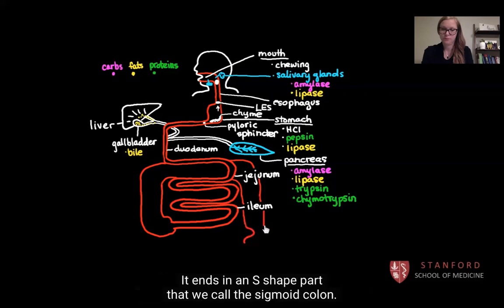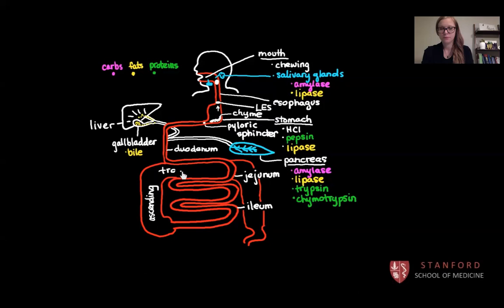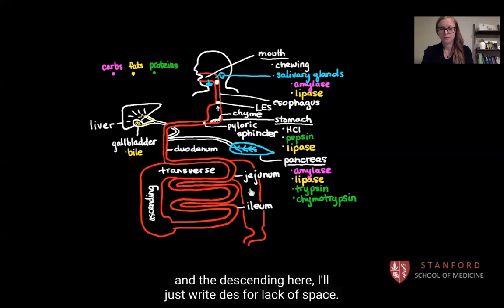And it ends in an S-shape part that we call the sigmoid colon. So this would be your ascending portion of the large intestine, the transverse, and the descending here. I'll just write D-E-S for lack of space.